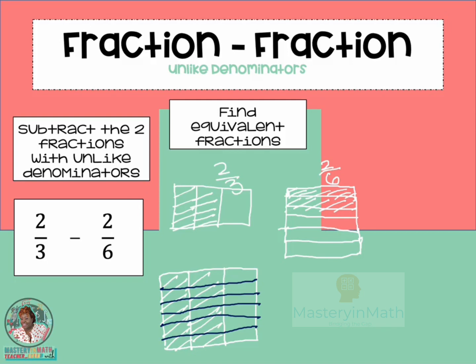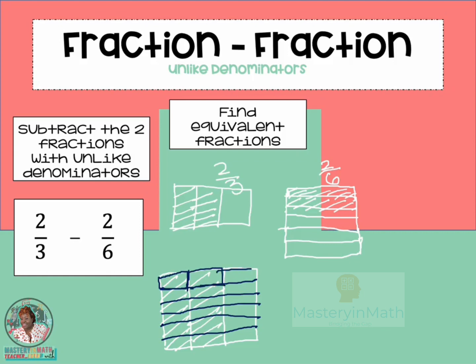There we go. And now you need to ask yourself, to find your denominator, how many little squares are there? Meaning, how many of these squares do you see in all?